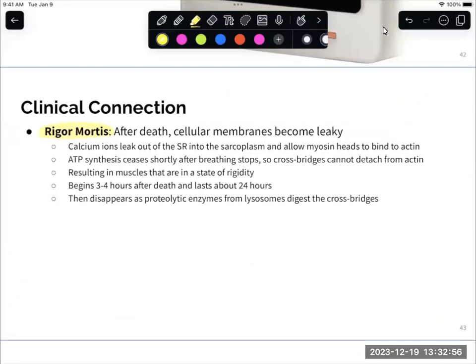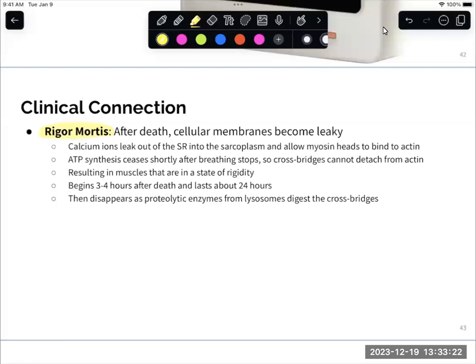After we die, our cells can no longer make ATP. Our cells also become pretty leaky. So what was once holding that calcium into the sarcoplasmic reticulum just kind of relaxes and calcium starts to flow out. So calcium ions leak out of that sarcoplasmic reticulum.